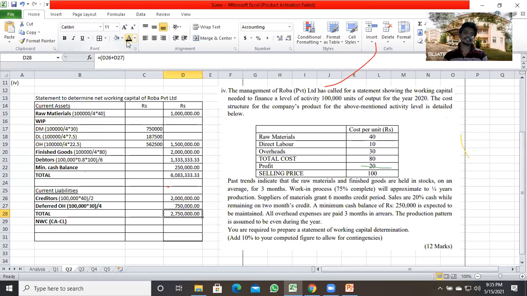Now you have identified the total current assets value, then you have identified the current liabilities value. Now net working capital can be identified simply as the difference between the current assets and current liabilities. Okay, that is the one.